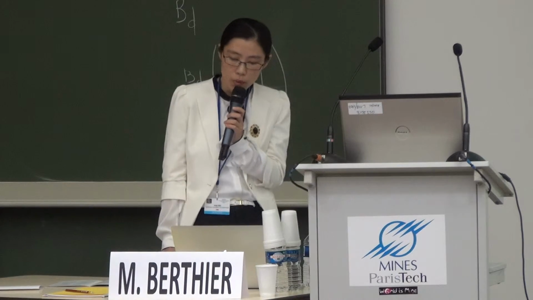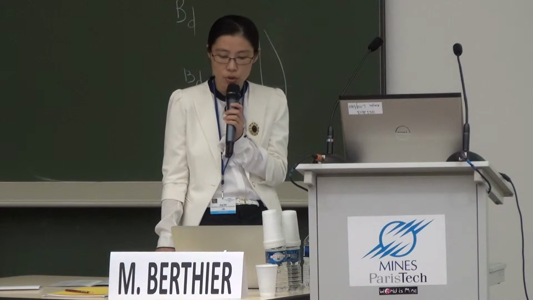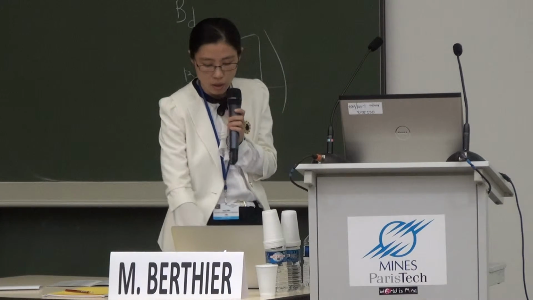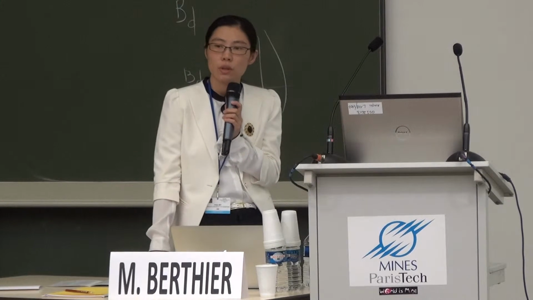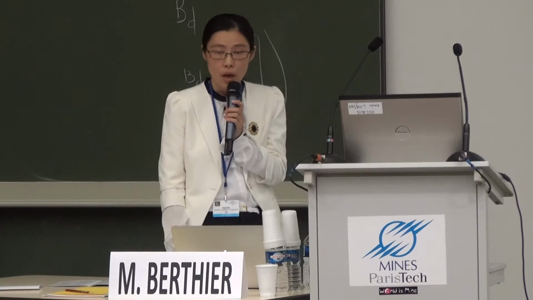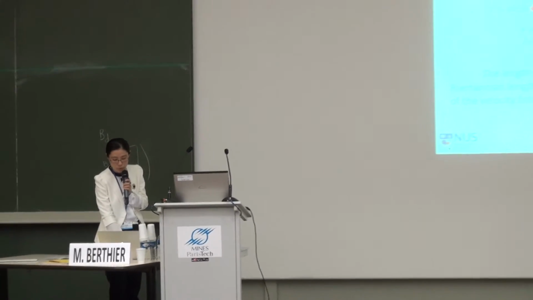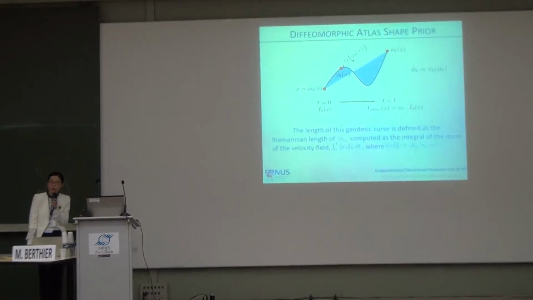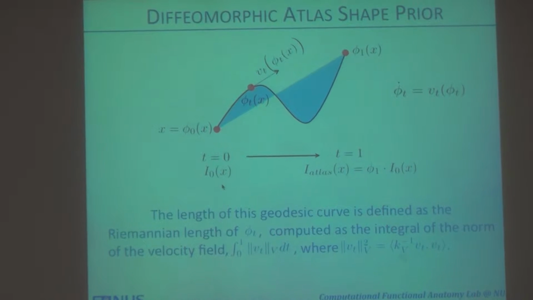For the shape model, we base it on our previous work. We assume the hyperatlas can be deformed to the atlas we want to estimate through a diffeomorphic transformation, and such a diffeomorphic transformation is created through a flow of diffeomorphisms. And this path connecting the two objects has to be shortest.